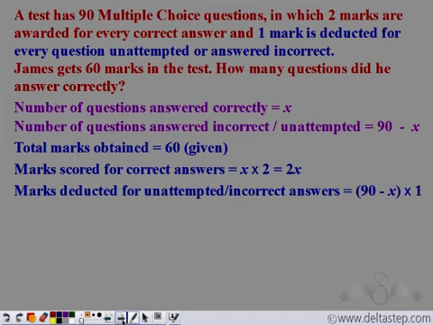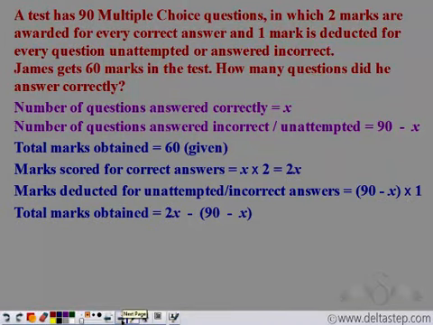Now what will be the marks obtained by James? Marks obtained will be marks scored minus marks deducted. So this is what he gets by answering the questions correctly. And this is what he loses by answering the questions incorrectly or leaving the question unattempted. Total marks scored will be this minus this.